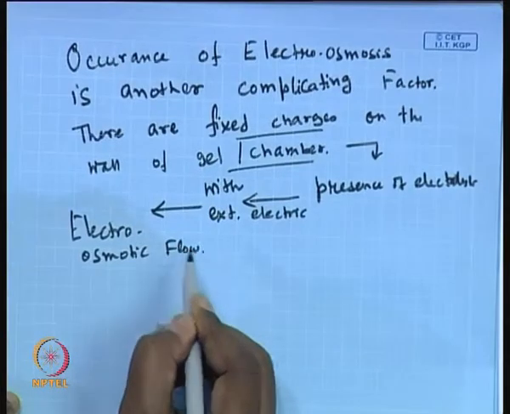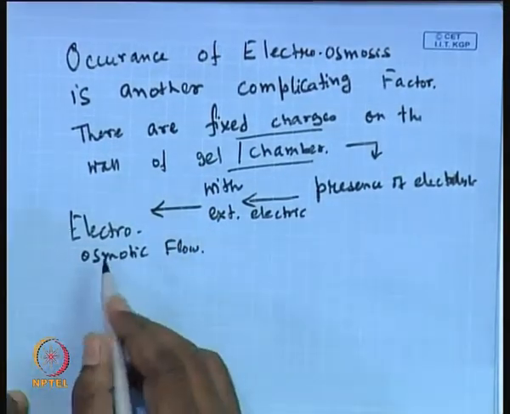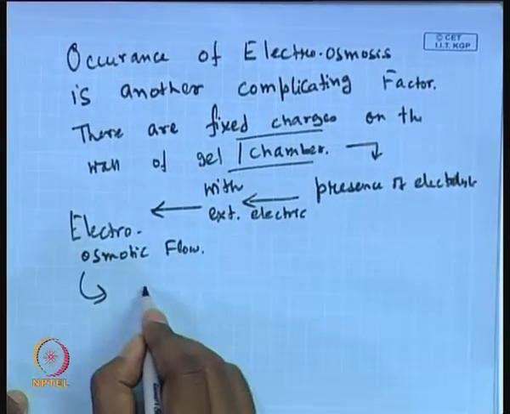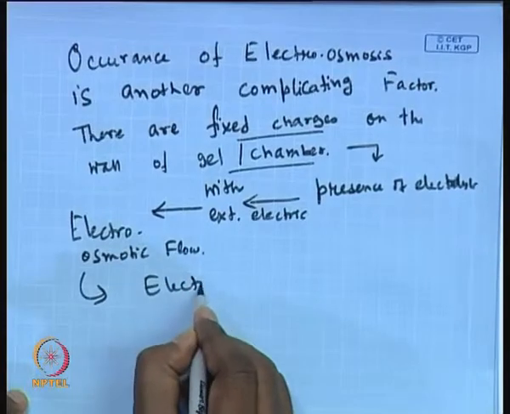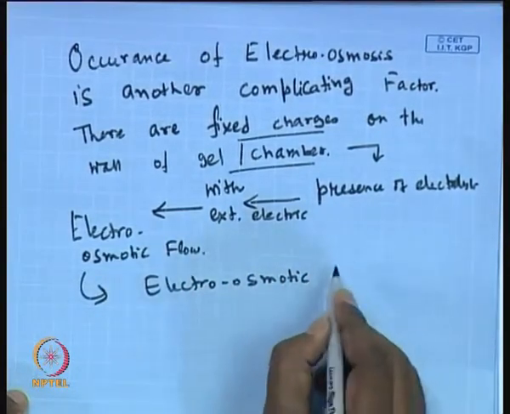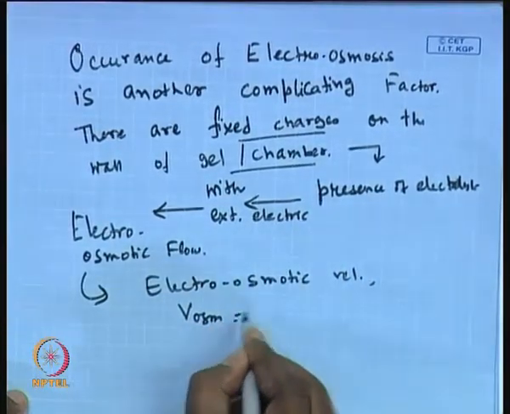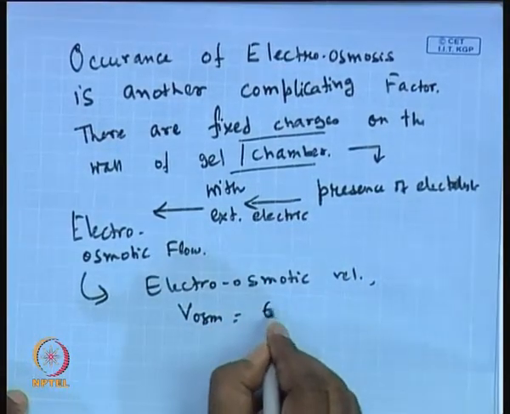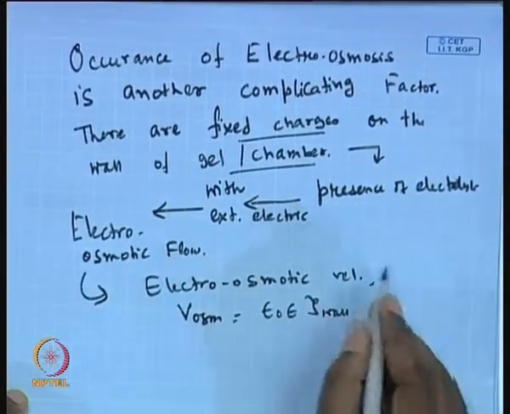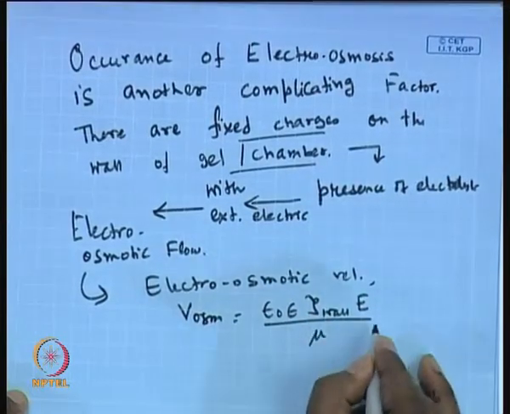In fact, we have already defined how the electroosmosis occurs earlier, and the electroosmotic velocity can be defined. V electroosmotic will be epsilon 0 epsilon zeta of the wall or the gel multiplied by E divided by mu.